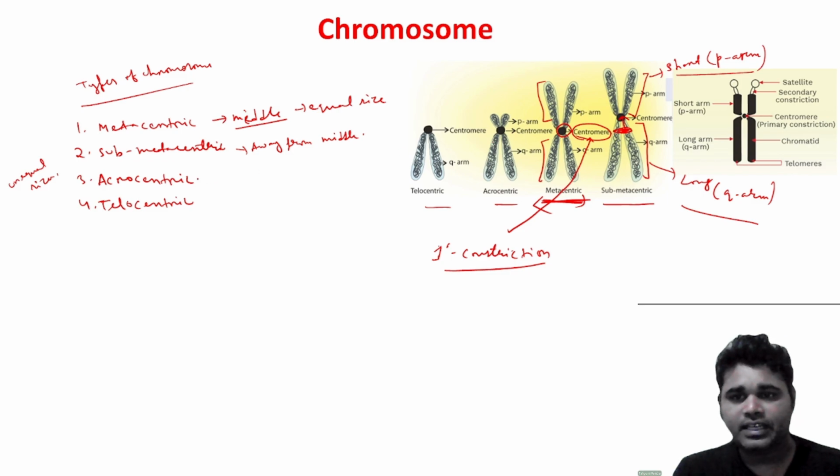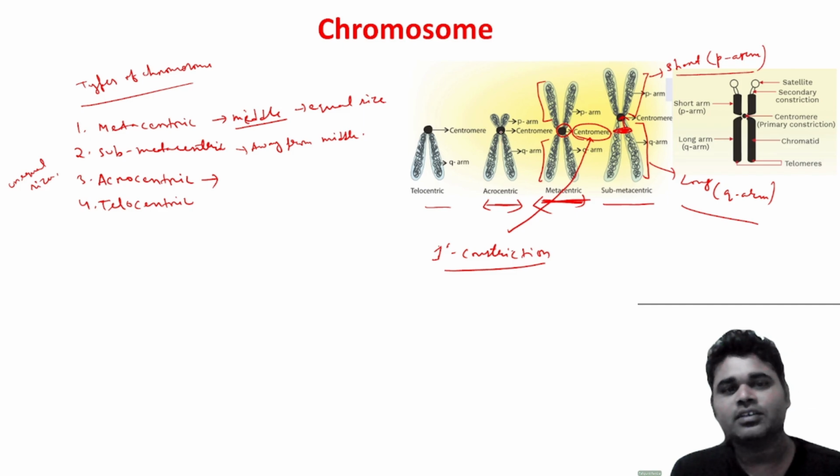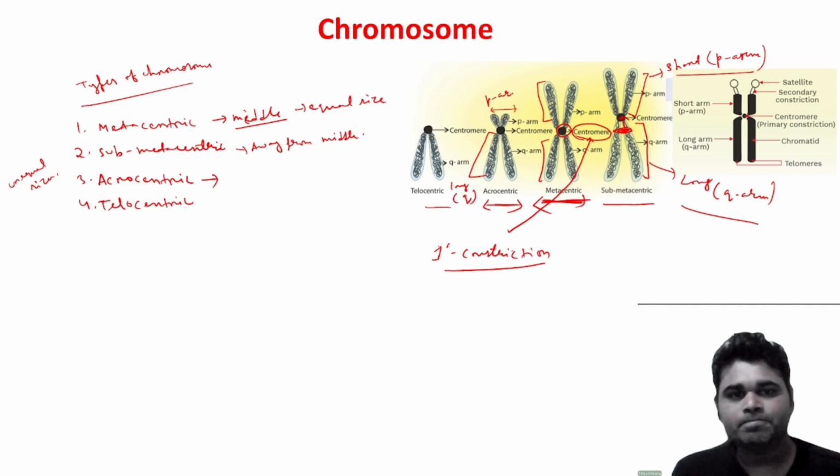Another is the acrocentric. Acrocentric means the centromere is displaced near the terminal part. So a very long arm, or Q arm, is formed, and a very short arm, or P arm, is formed.